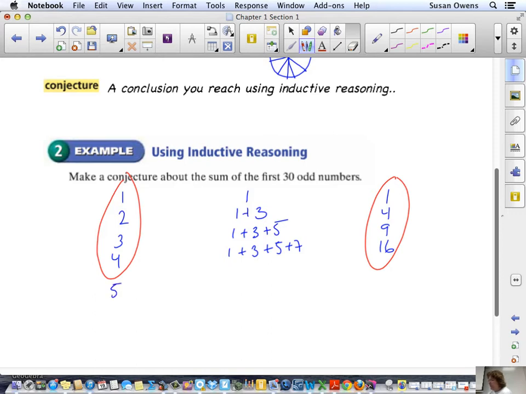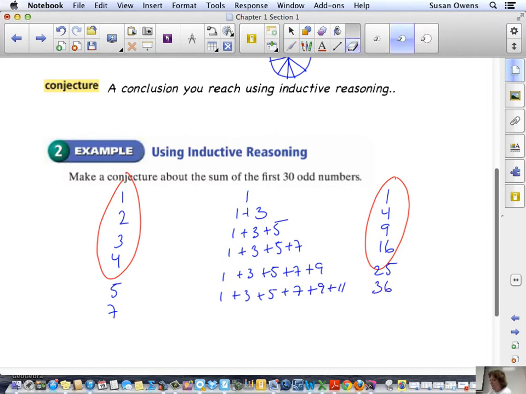So I'm going to try first 5. 1 plus 3 plus 5 plus 7 plus 9. And I'm hoping it's going to be 25, and it is. And one more. So 1 plus 3 plus 5 plus 7 plus 9 plus 11, and this is 36.